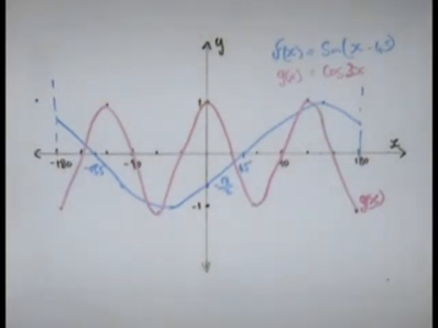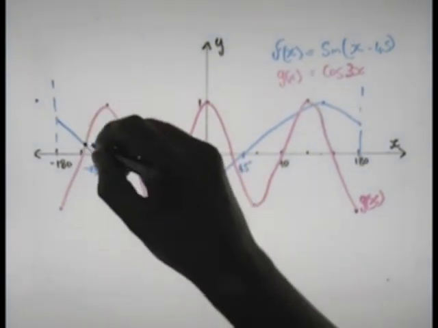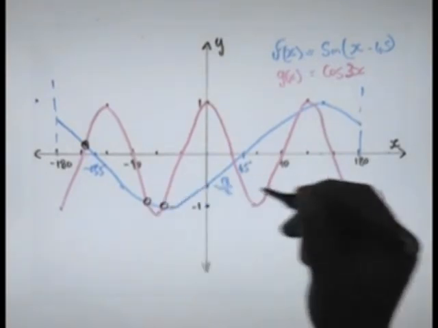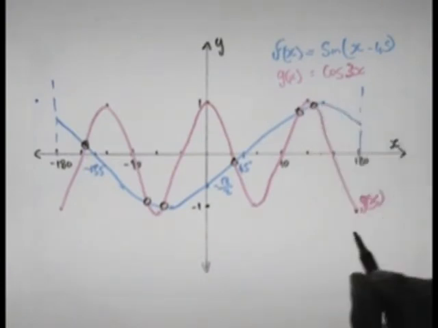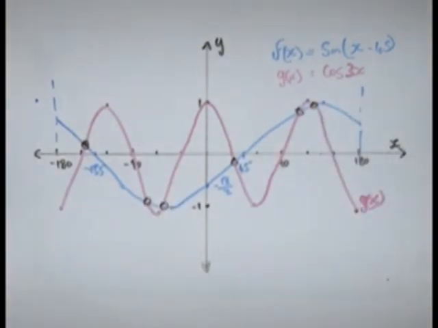In the next question, I ask you what are the x values where the two graphs intersect, or rather when f of x is equal to g of x. Notice that there's 1, 2, 3, 4, 5, 6 different points. We are now going to find those different x values.